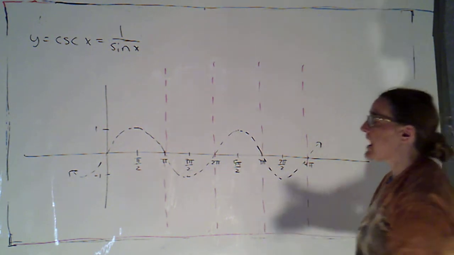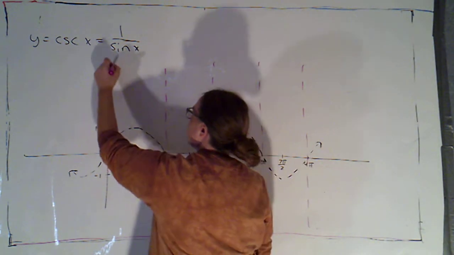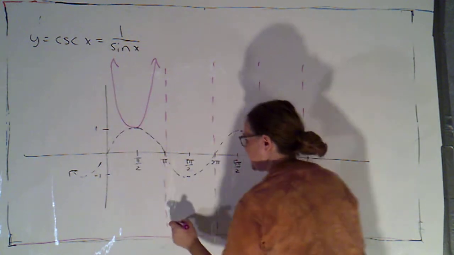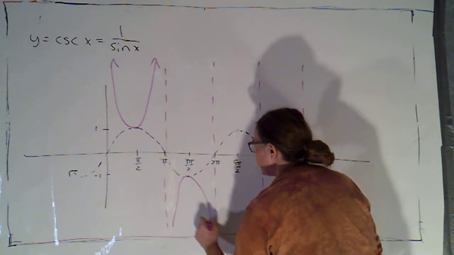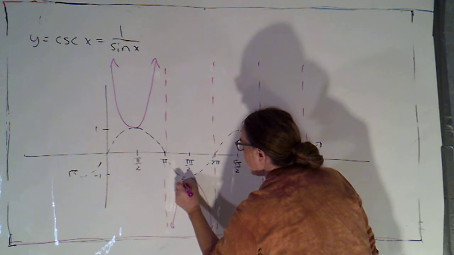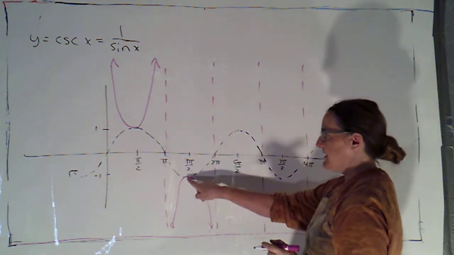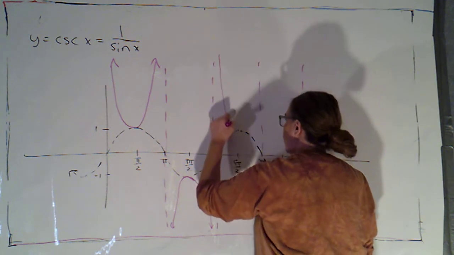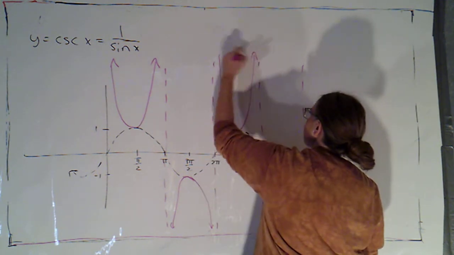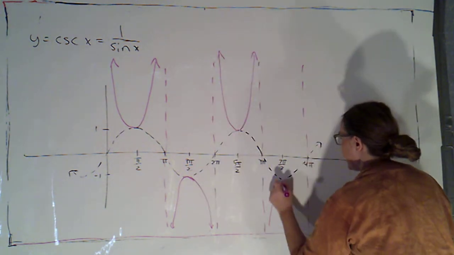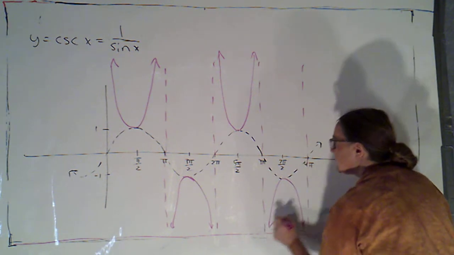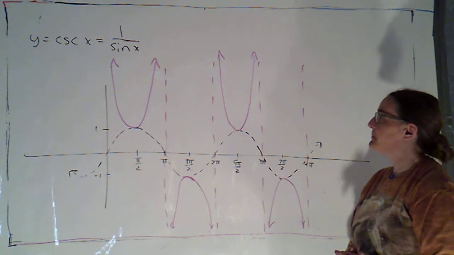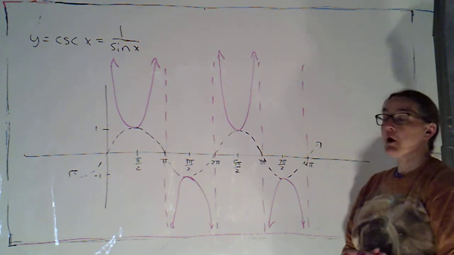Once I've got those asymptotes, between consecutive asymptotes I just want to flip the bumps, where the high point of cosecant here matches the low point of sine, and here the low point of cosecant will match the high point of sine. So we get these alternating u's that go up and down. Okay. So here's our graph of cosecant.